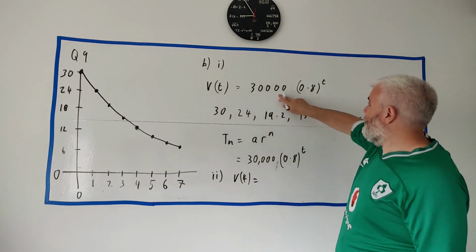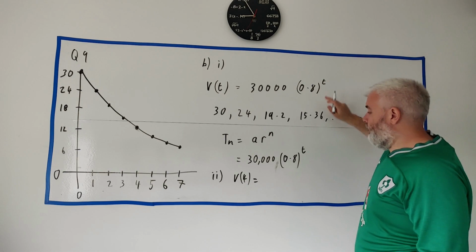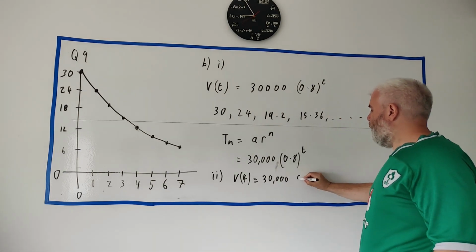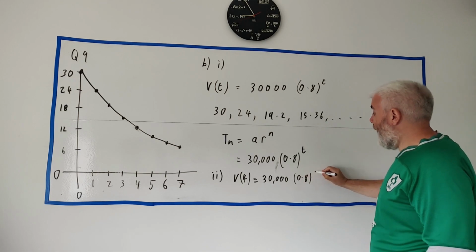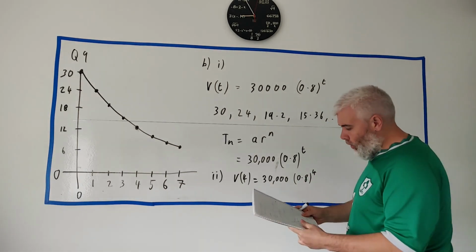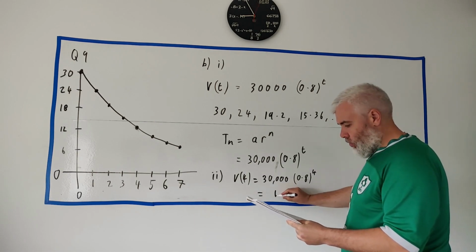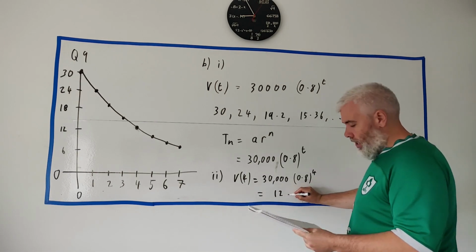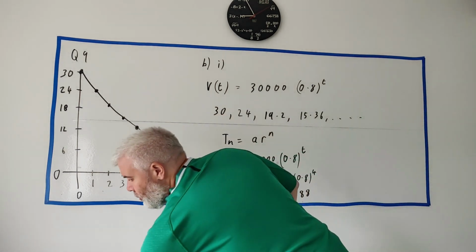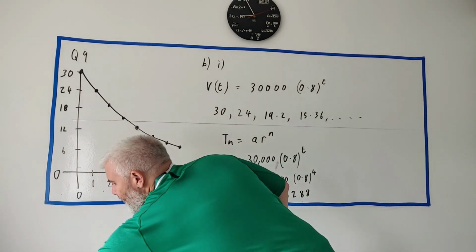Well, if you'd have got this formula, we just put 4 in here. So we just get 30,000 multiplied by 0.8 to the power of 4. Put all that into a calculator, and we would get 12,288.